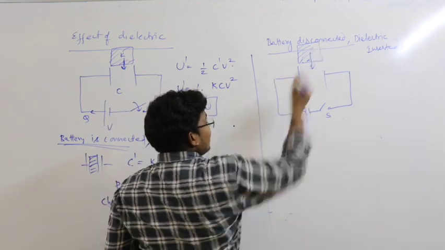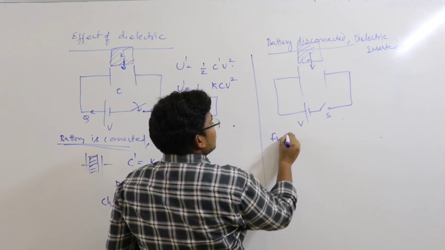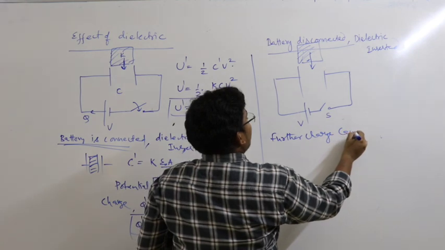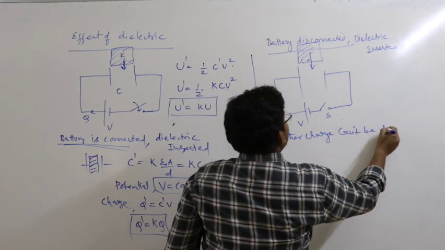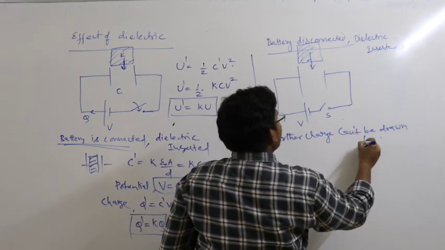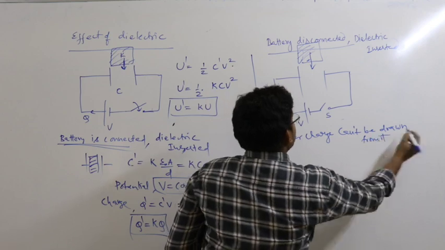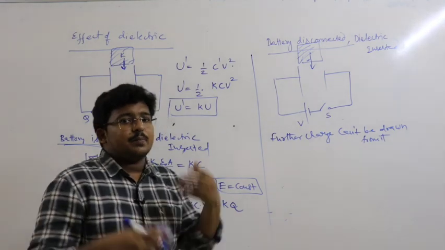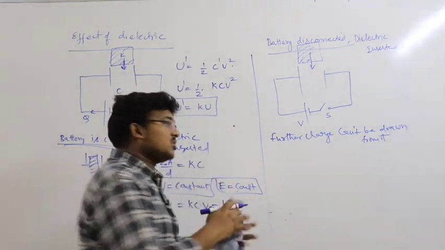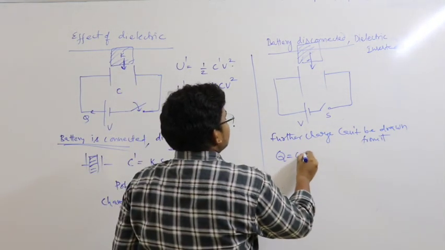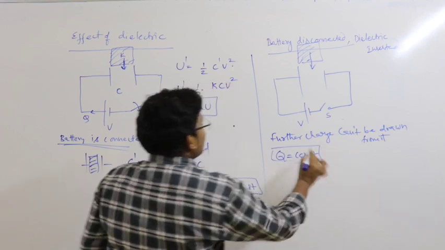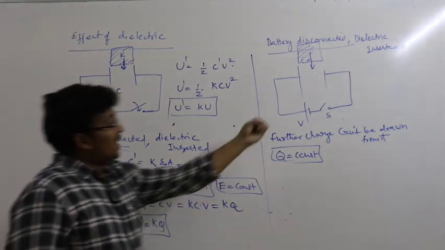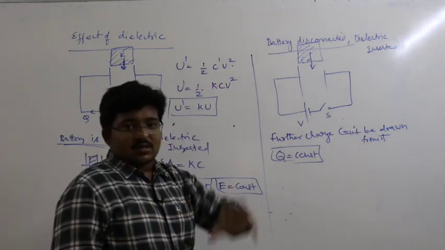When the battery is disconnected, further charge cannot be drawn from it. If the battery is there, it can draw some charge, but the battery is not there, so the charge is constant. So when the battery is connected, V is constant; when the battery is removed, Q is constant.